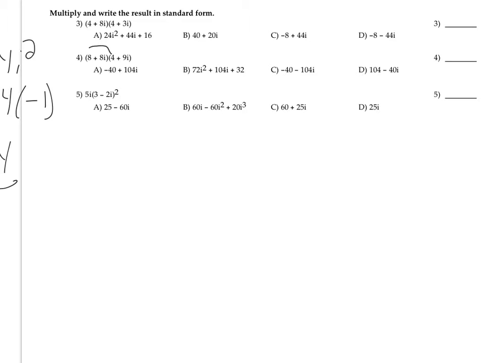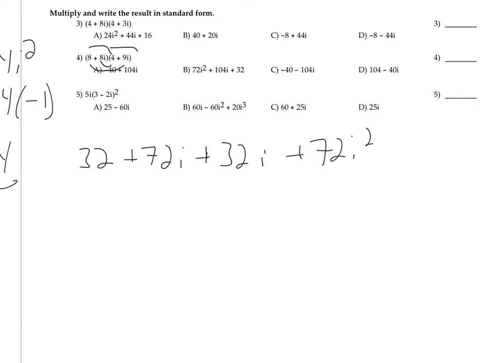So I'm going to multiply 8 times 4 and get 32. I'm going to do the outside. I get positive 72i. I'm going to do the inside. I'm going to get 32i. Then I'm going to do the last, which is 72i squared.